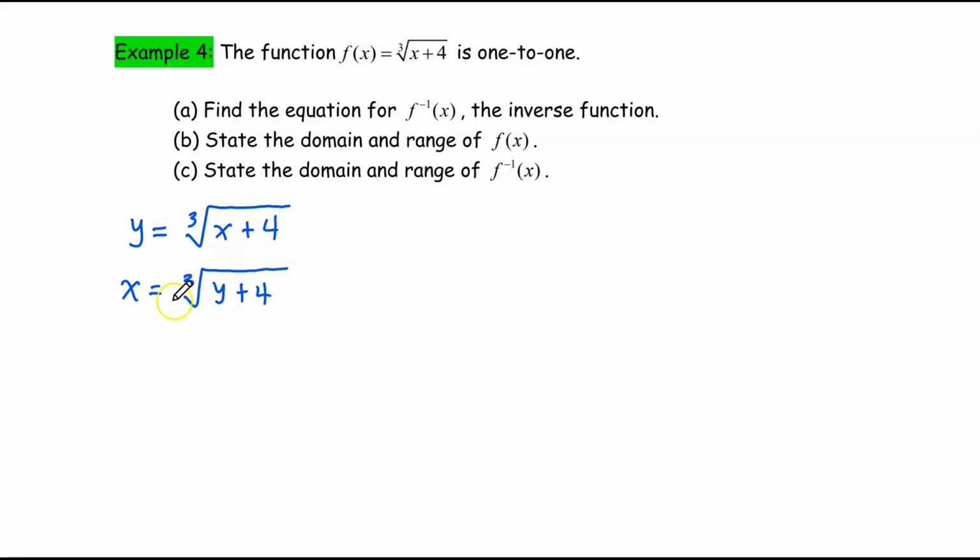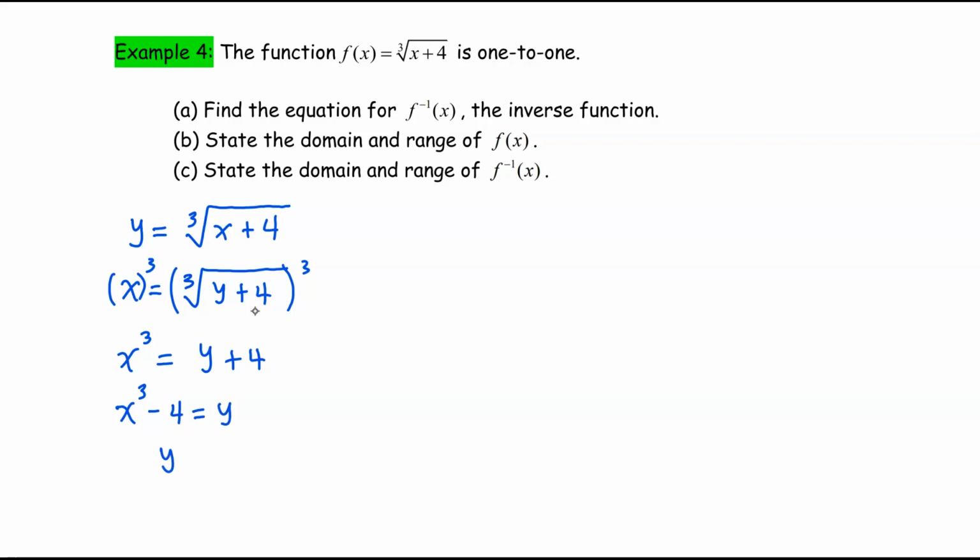Then you solve for y. So to solve for y, you cube both sides of the equation. So you have x cubed equal to y plus 4. So this means that x cubed minus 4 is equal to y.